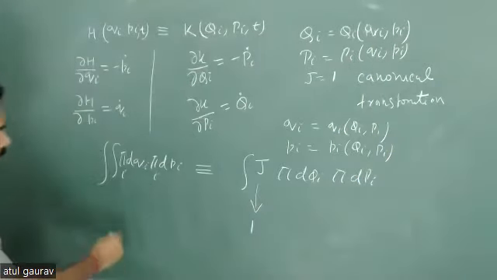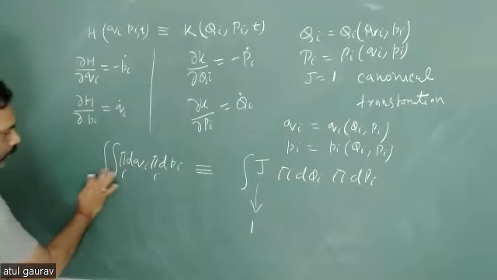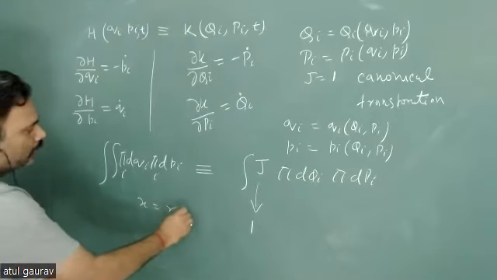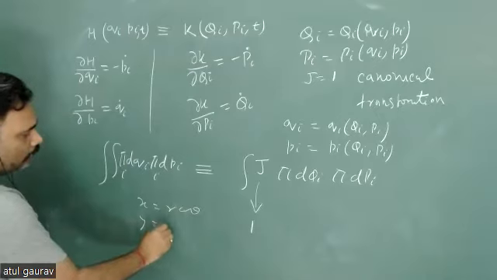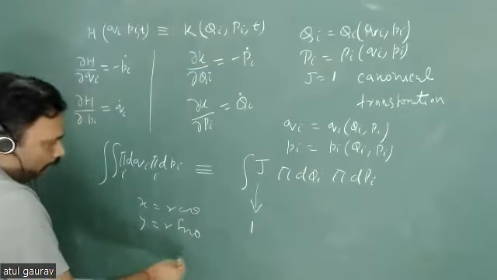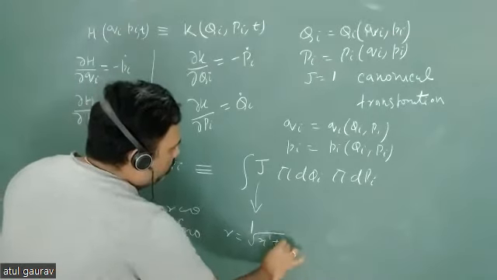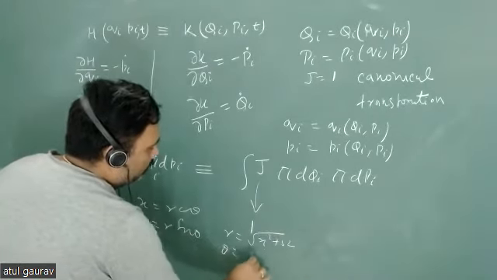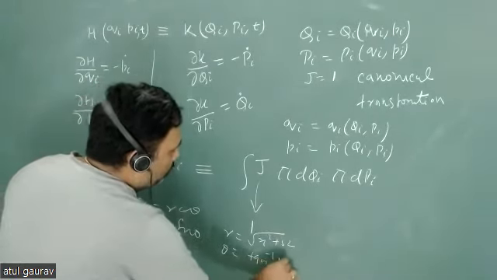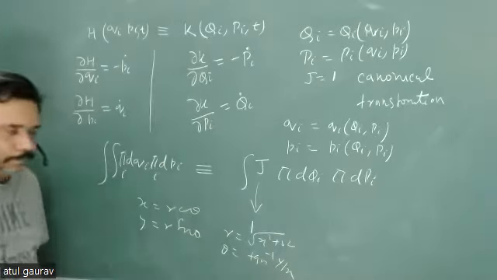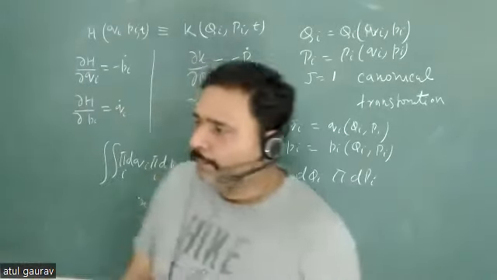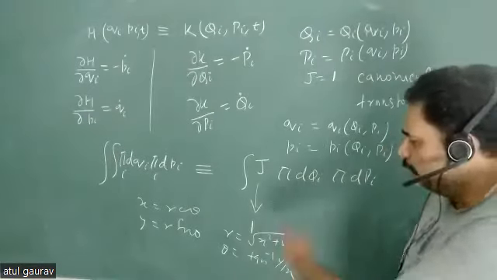Obviously, same like you can just have x is equal to r cos theta, y is equal to r sine theta, and you can also write r is equal to root under x square plus y square, and theta is equal to tan inverse y by x. Are you getting my point?